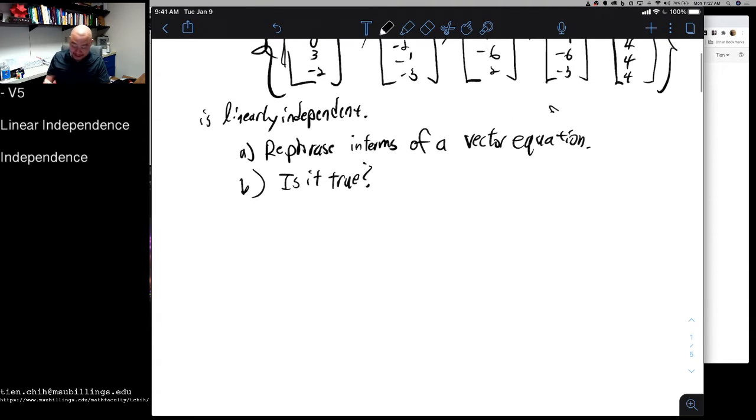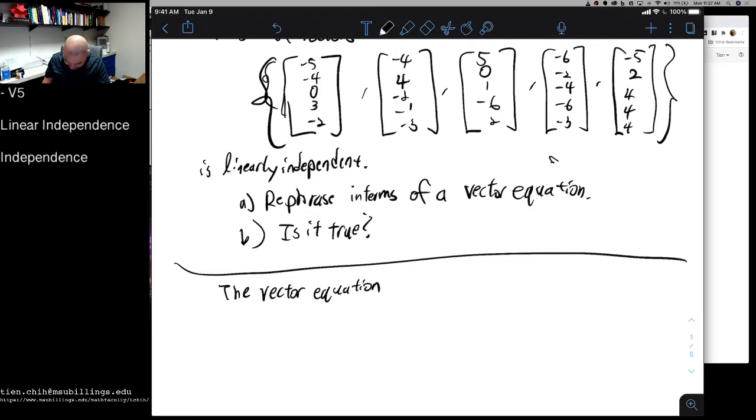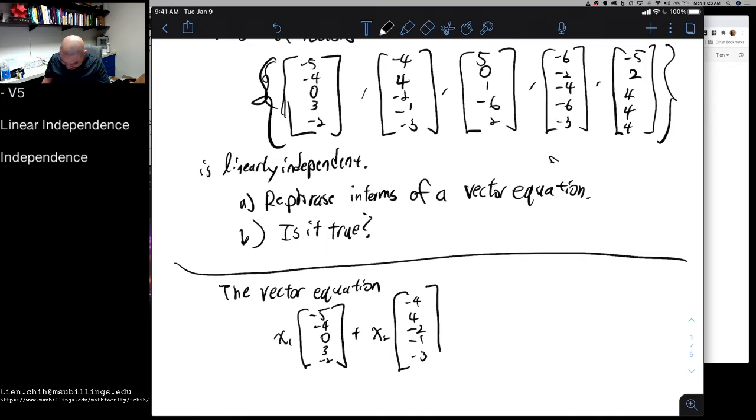Based on what we just said, linear independence would mean the vector equation: we have these vectors, minus 5, minus 4, 0, 3, minus 2; minus 4, minus 4, minus 2, minus 1, minus 3; 5, 0, 1, minus 6, 2; and then the fourth.